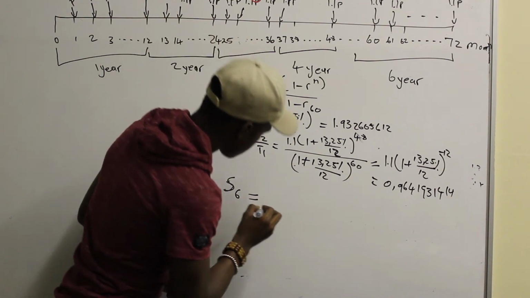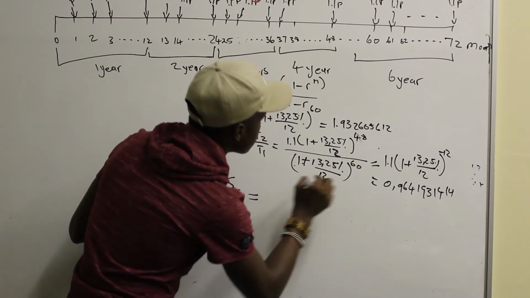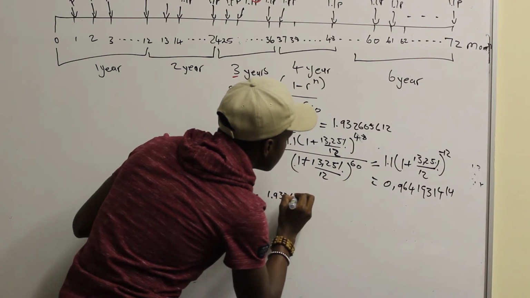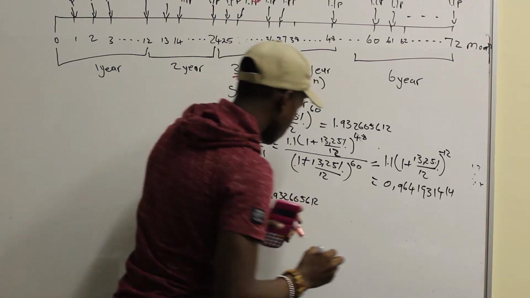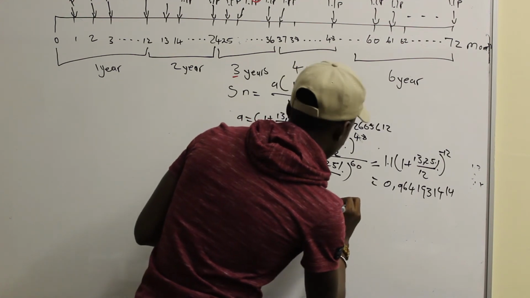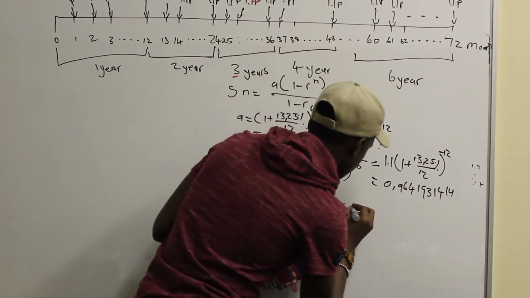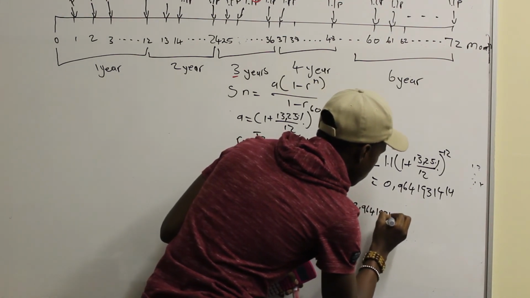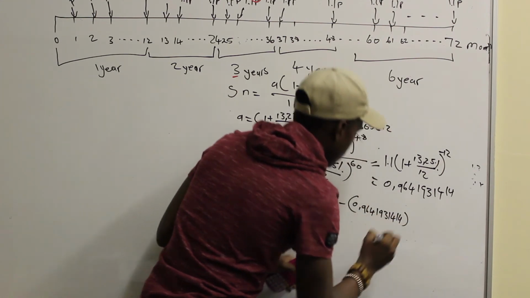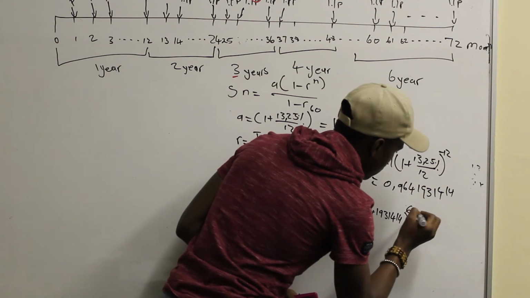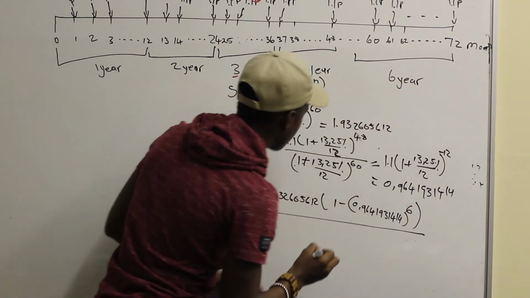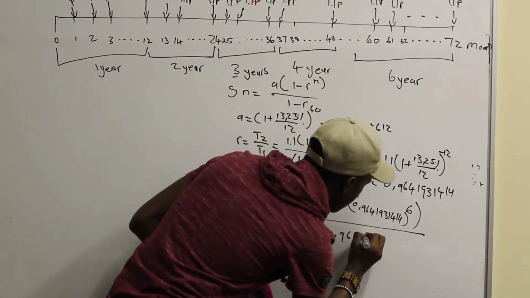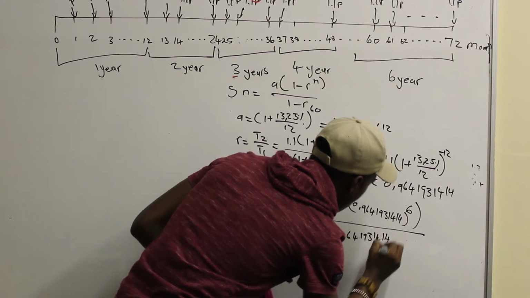And then we're saying S6 equals A as this one, 1.932612, times 1 minus R as this, 0.9641931414, and here the 6 should come as well, to the power of 6, and divide by 1 minus 0.9641931414, right?